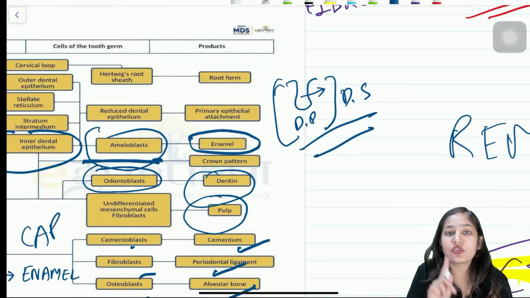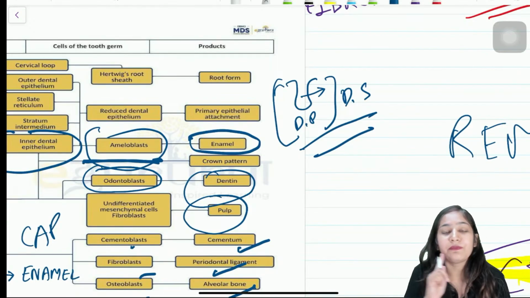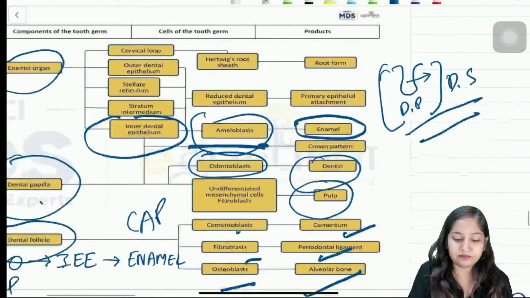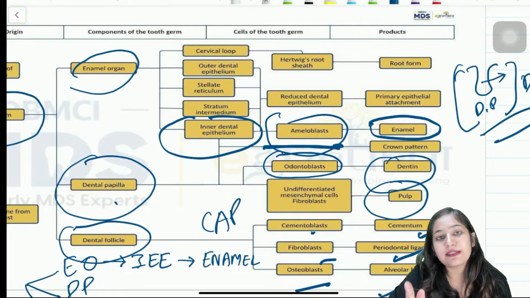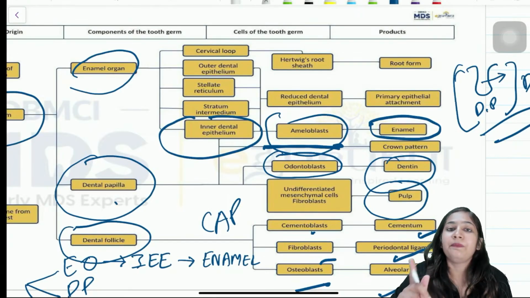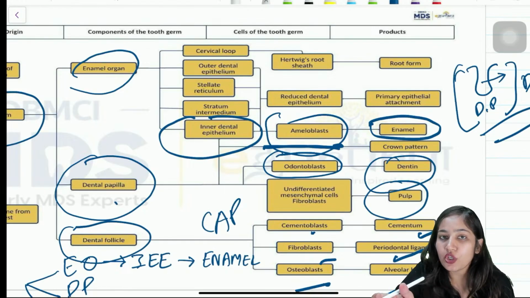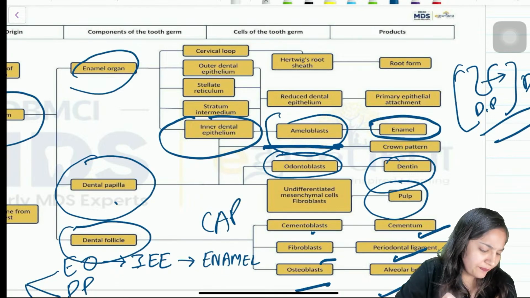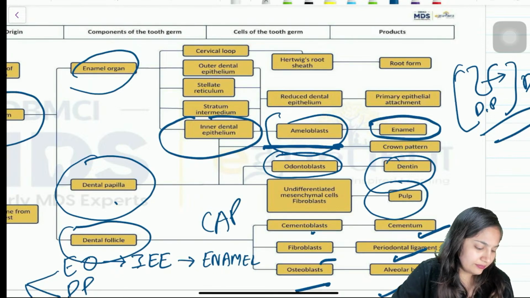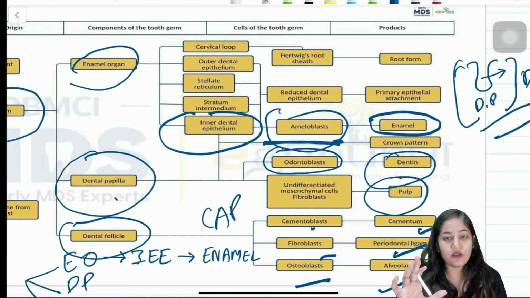Enamel organ leads to the formation of enamel, and dental papilla, dentine and pulp. Inner enamel epithelial cells differentiate into ameloblast cells that form enamel. Dental papilla cells differentiate into odontoblasts that form dentine. And the first formed dental tissue is dentine. Always remember this.